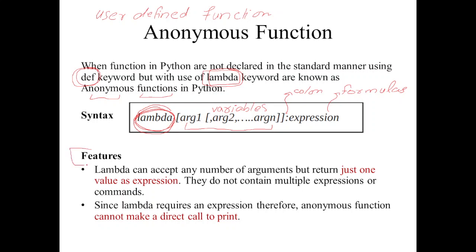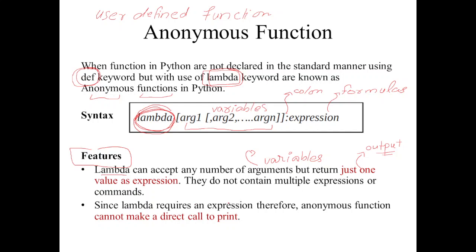Here are some common features of an anonymous function: lambda can have any number of arguments, which means we can use 2, 3, 4, 5, or any number of variables, but it has just one output value. Only one expression is returned as the output. So it does not have multiple outputs like the other type of user-defined function declared by the def keyword.